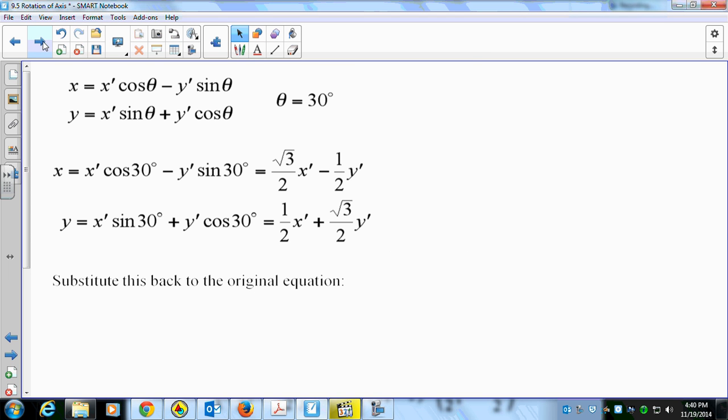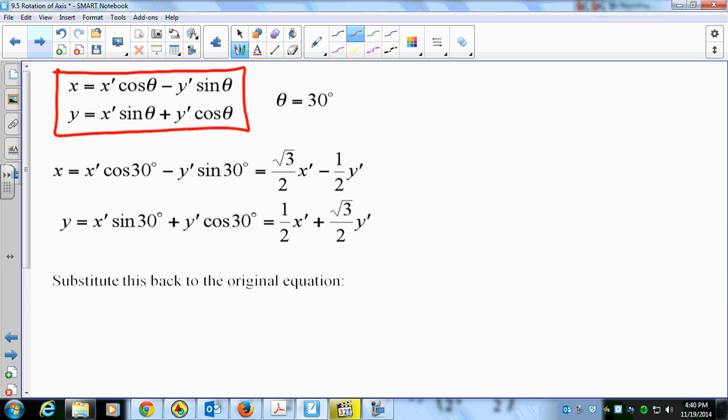Next, we're going to plug into these formulas that we made sure we wrote down previously. We're going to convert now and rotate our axes and have x prime, y prime axes. In order to do so, we take our angle and plug it in for our thetas. Cosine of 30 degrees is square root of 3 over 2.